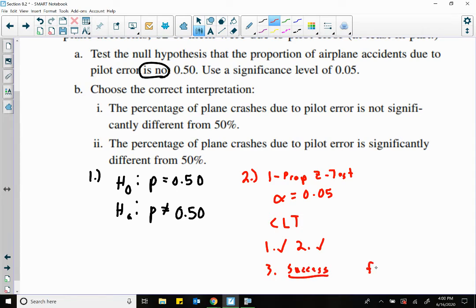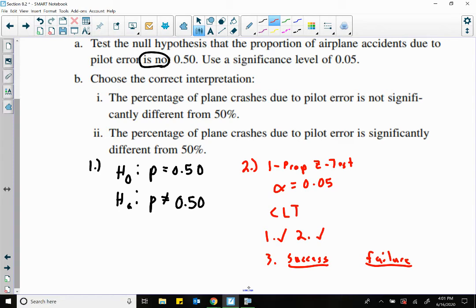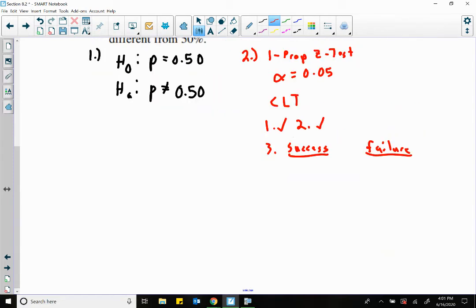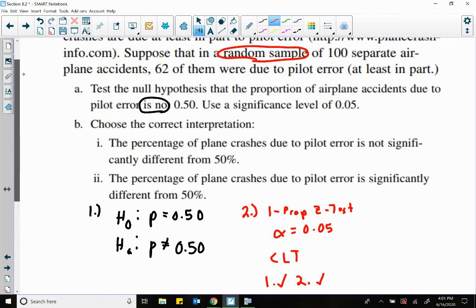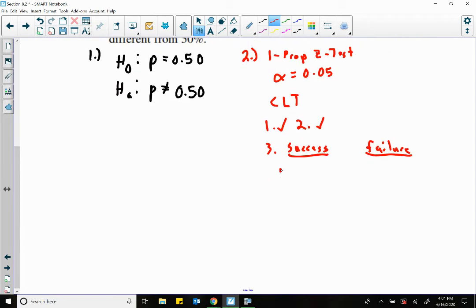So step 3, we want to check successes and failures. Hopefully you were checking all this, because this is the full gamut. This is what's got to happen. So we're going to take, I believe we had a total of 100. So we're going to take 100 times 0.5. And we want to know, is that greater than or equal to 10?